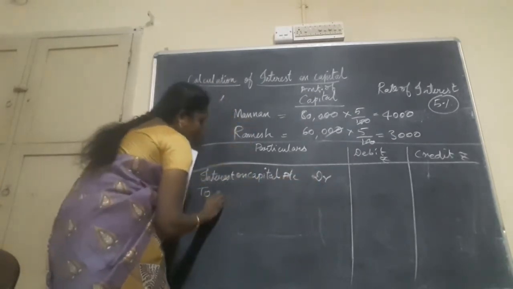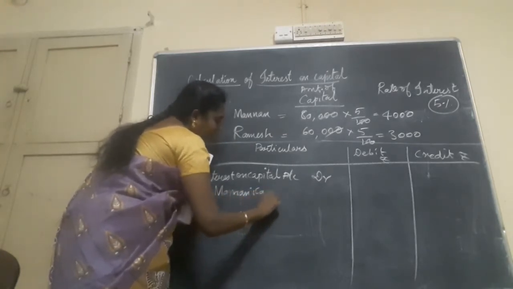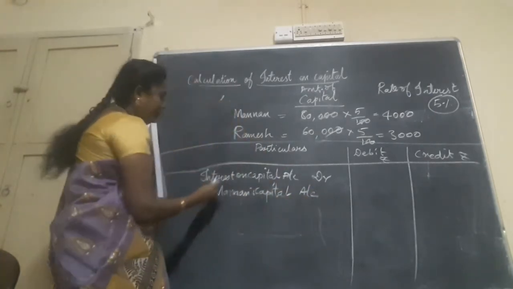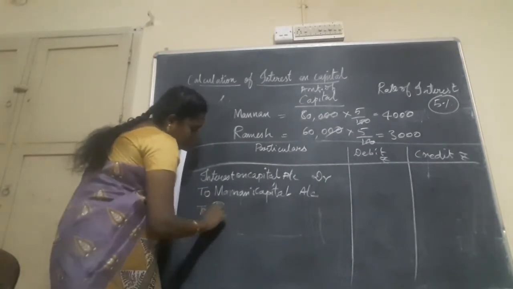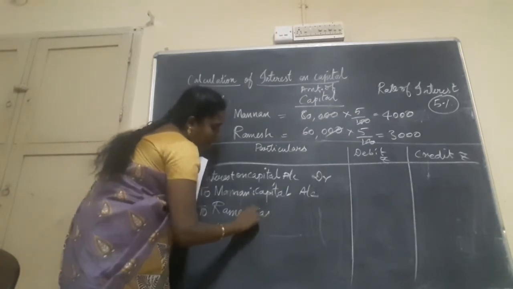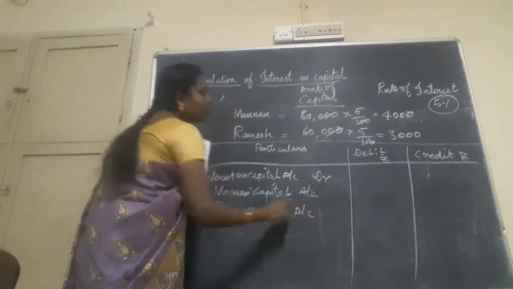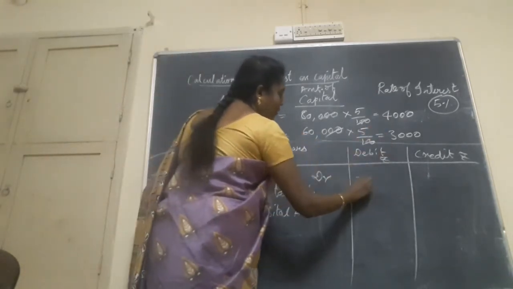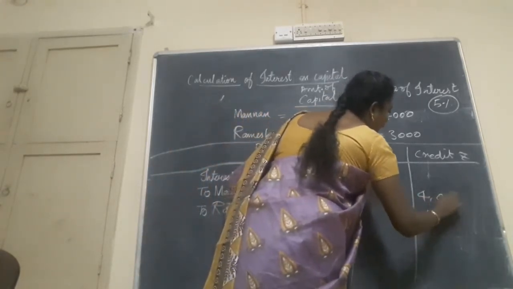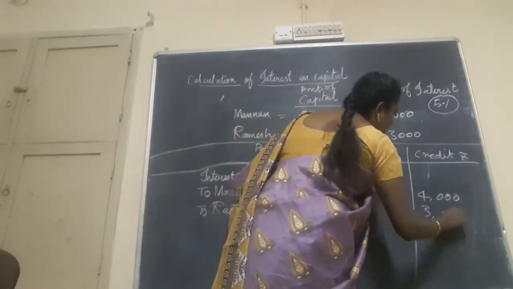What is the partner name? Mannan's capital account. Next one is Ramesh capital account. And what's the amount here? 7,000 totally. 7,000, with 3,000 for Ramesh and 4,000 for Mannan.